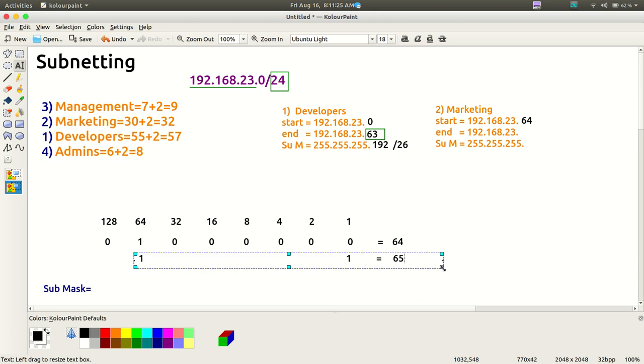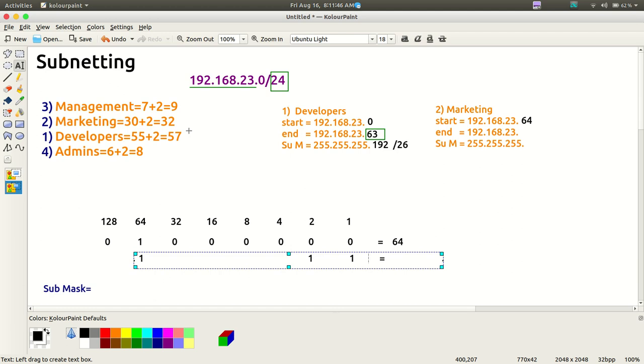This sounds fine, but I have only 2 IP addresses, 64 and 65. I'm not meeting my requirement of 32 IP addresses. On the left-hand side in the requirement section, the marketing department has a requirement of 32 IP addresses, but instead I'm getting just 2. So I have to do something here. I'll add one more bit over here, 1.